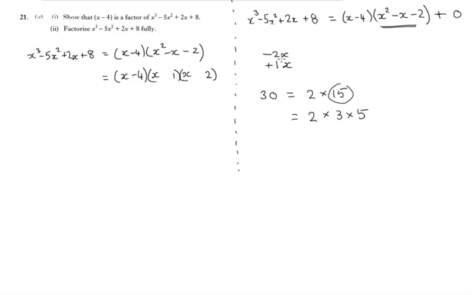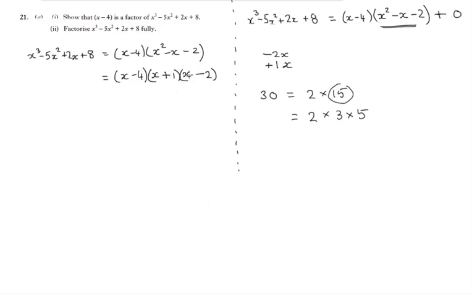So the 2x term, that's this one, has to be negative, and the 1x term, that's this one here, has to be positive. You always, after doing this, should double check by multiplying out using your FOIL process.